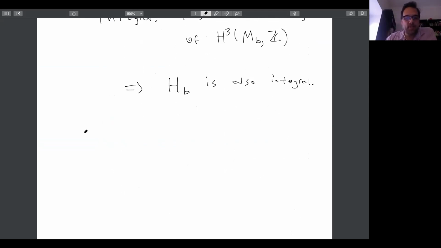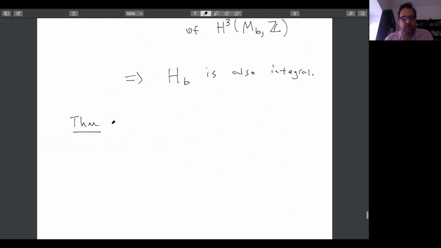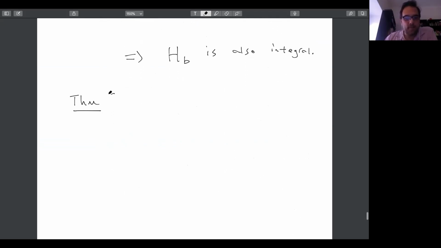And because it's integral, we have the following fact. So theorem. I guess this is also Murray-Stevenson for the ordinary manifolds case, and then me for the supermanifolds case, which is that because you have this representability condition, that the Dixmier-Douady class is equal to the de Rham class of the curvature.